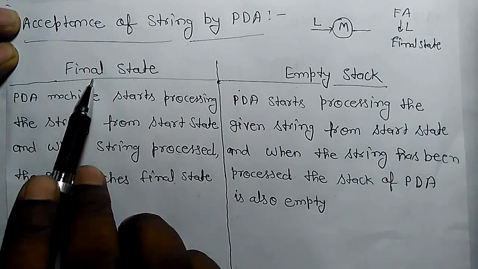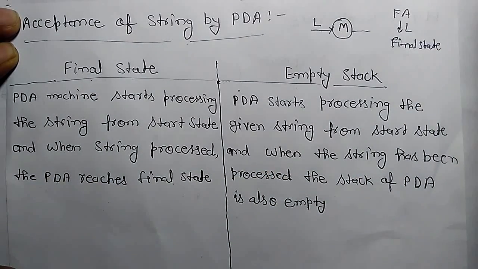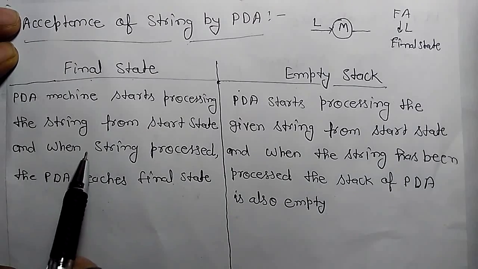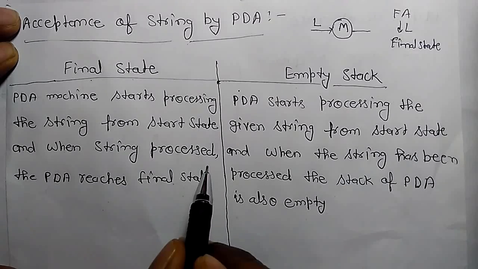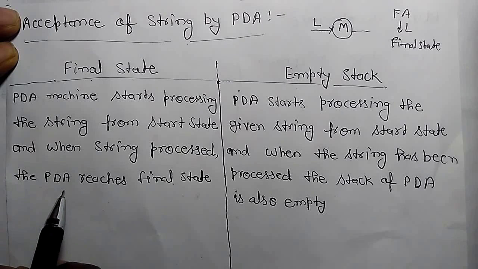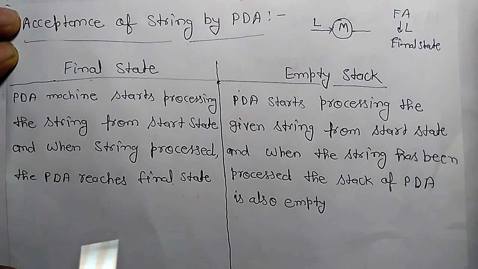First is final state acceptance, second is empty stack acceptance. The push-down automata machine starts processing the string from the start state, and when the string is processed, the PDA reaches a final state. This is final state acceptance.